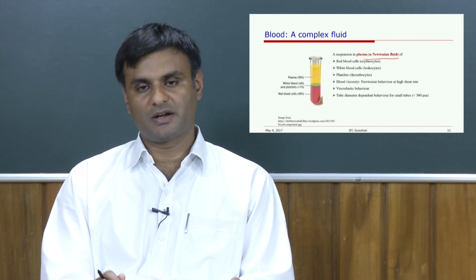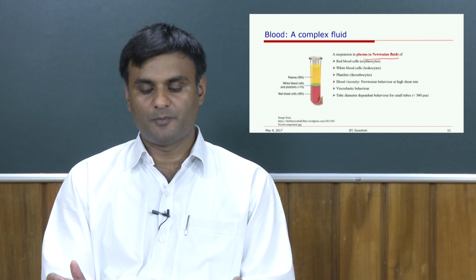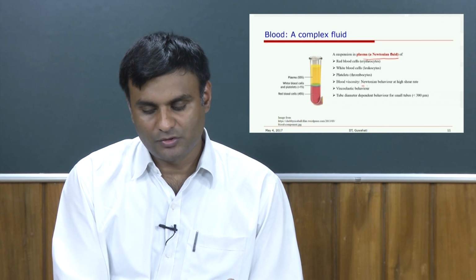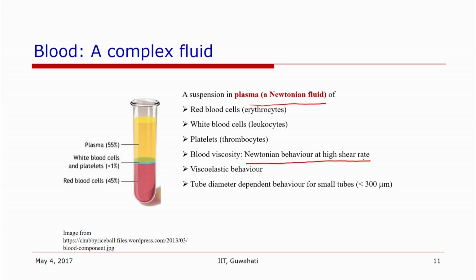For example, at high shear rate, blood behaves as a Newtonian fluid, and the viscosity of blood at high shear rate can be taken as about 3 to 4 centipoise. Among the particles suspended in the blood, the highest percentage is of red blood cells, about 45 to 55%, and the remaining are white blood cells and platelets.